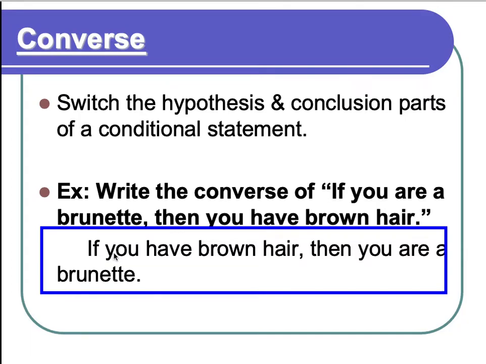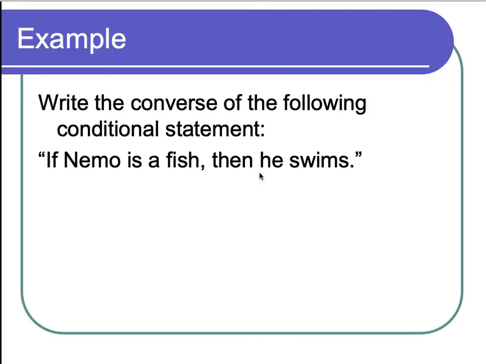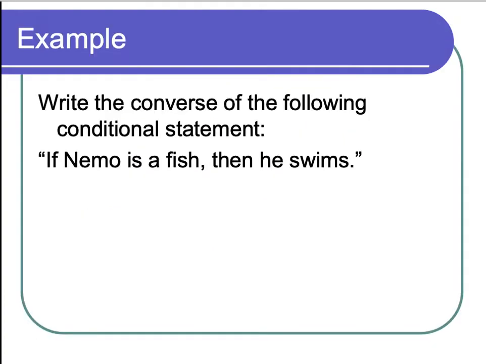It now becomes: if you have brown hair, then you are a brunette. Just remember, switching the P and Q. Again, the converse is a new statement that switches the hypothesis and conclusion of the original statement.